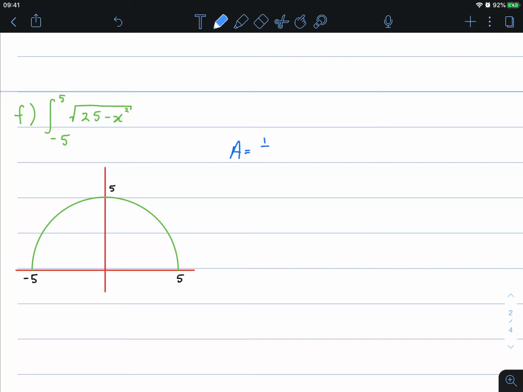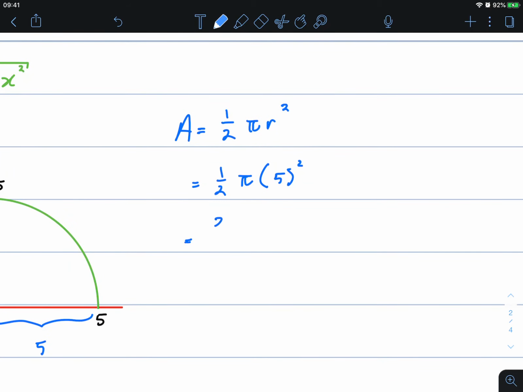So the area of this is going to be half pi times r squared, which is half pi times, and now the radius from 0 till 5 is 5. In exact form, this will give us 25 pi on 2 unit squared.